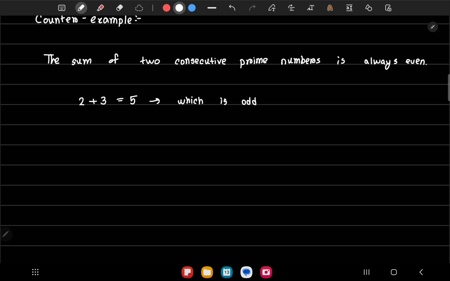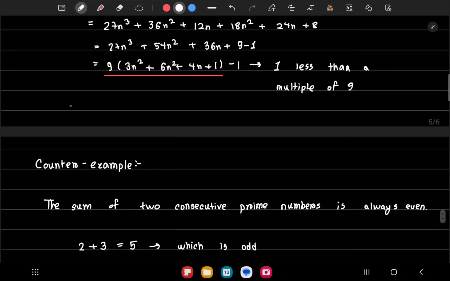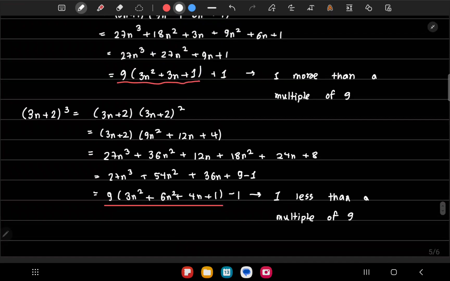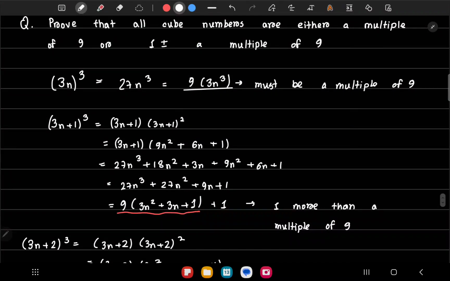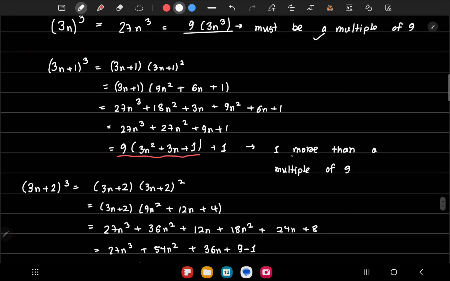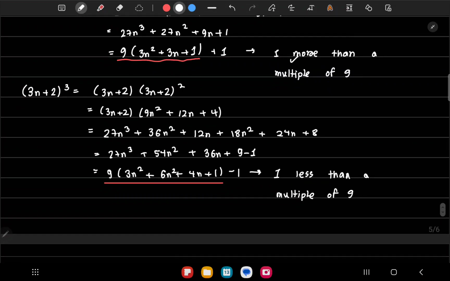So in all proof related questions, if we are proving something or disproving something, we always have to write the final statement down. So for example, we had the 3 cases mentioned over here. For this we had a multiple of 9, for this we had 1 more than, and for this case over here we had 1 less than a multiple of 9.